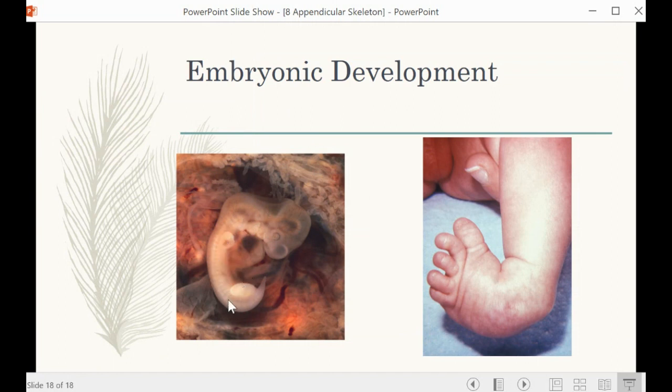Remember that the flat bones are constructed through intramembranous ossification, and the rest of the bones use that hyaline cartilage as a layer to build on top of.